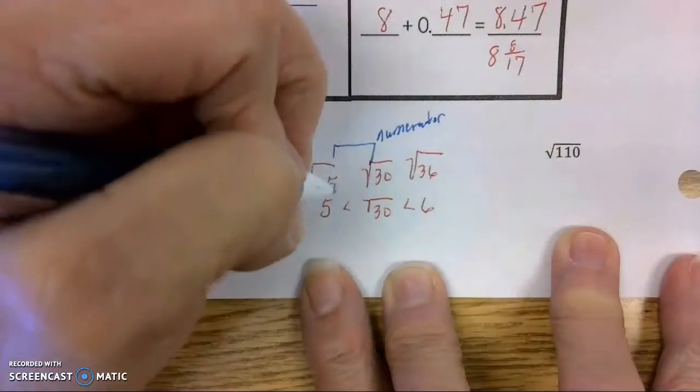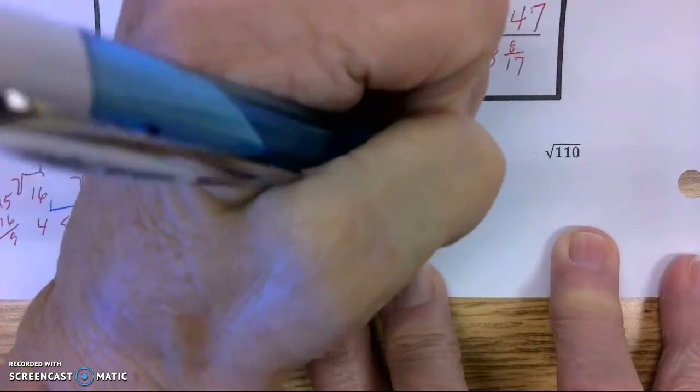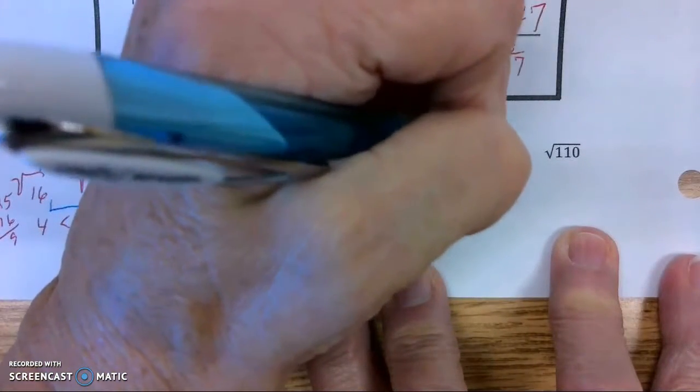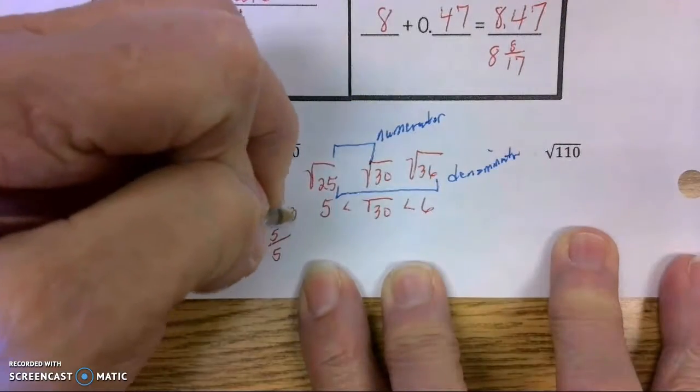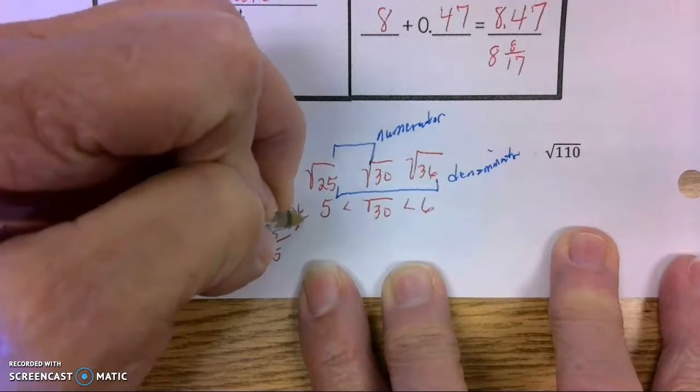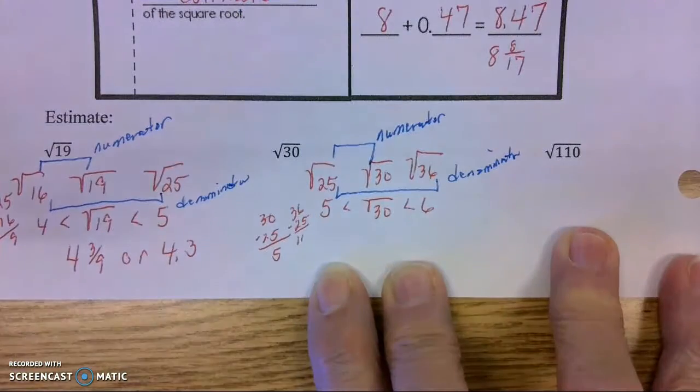And then I'm going to get my denominator by subtracting 36 and 25, and that's going to give me 11.